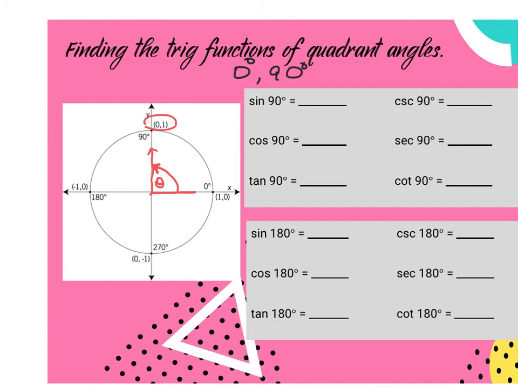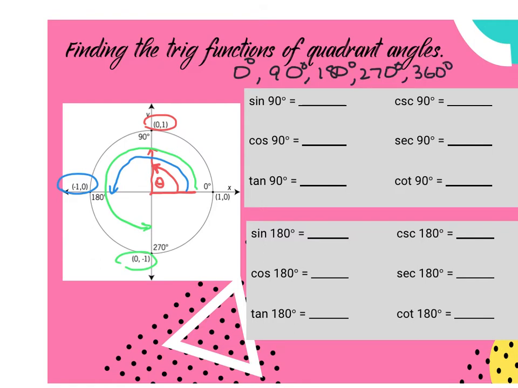If it were 180 degrees, which is another quadrant angle, it could come around here, it would stop here, and we would use this ordered pair as our x and our y. And then again, we could also do a 270. And we would swirl all the way around to here using this ordered pair. And then also 360, which would be the full circle, which is the same as 0 degrees, which would be this one.